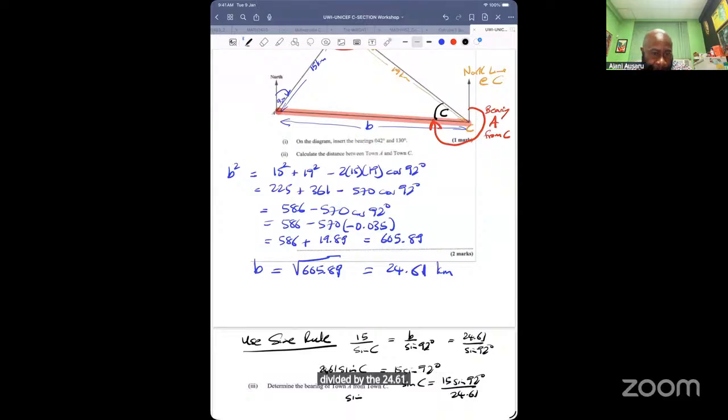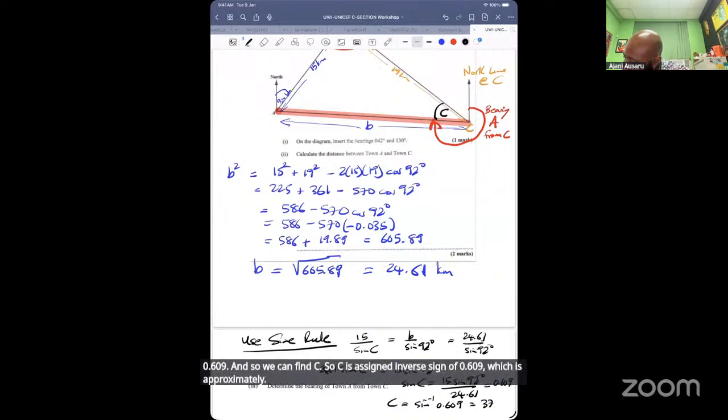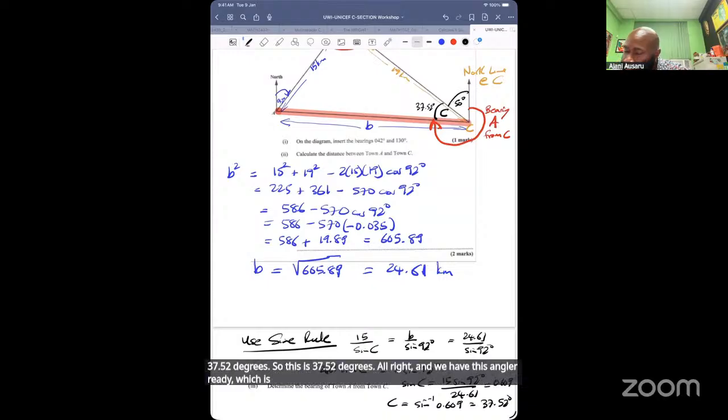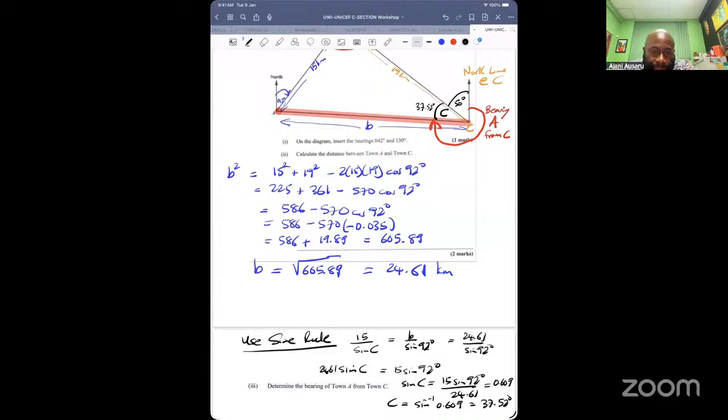And this is going to give you 0.609. And so we can find C. So C is the inverse sine of 0.609, which is approximately 37.52 degrees. All right, and we have this angle already, which is 50 degrees, correct? Yes. Correct?